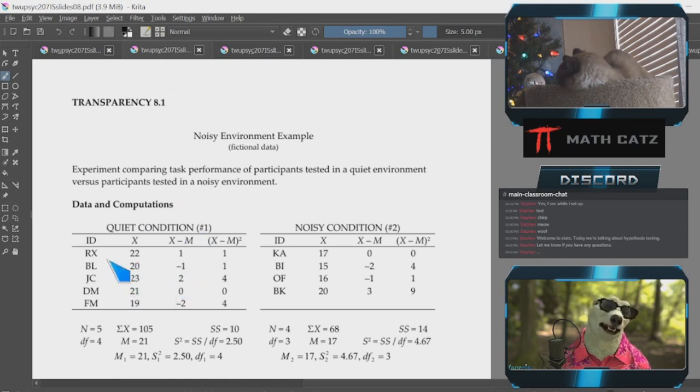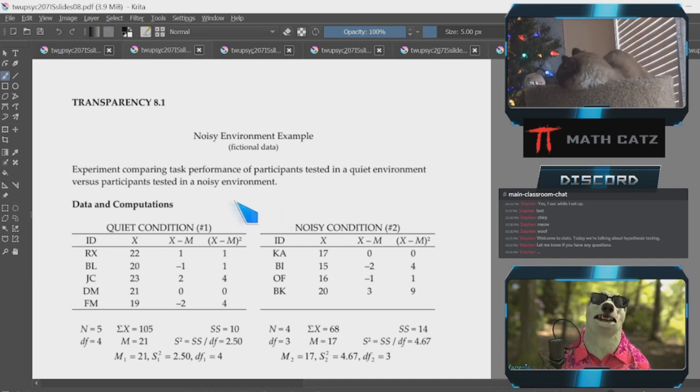So the quiet condition has 5 people, and their task performance scores here. Then we have the noisy condition and 4 people, and their scores over here. These are different people, so there's no option to start by taking differences. It's not the same people.